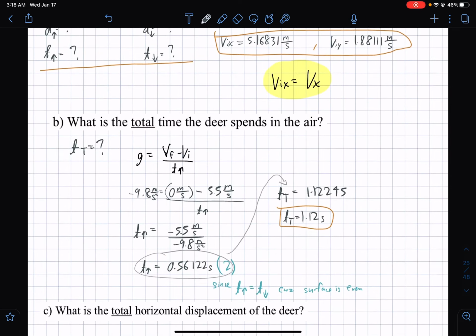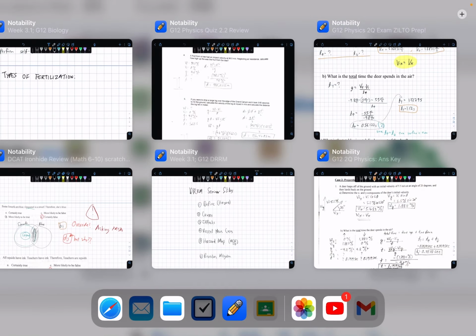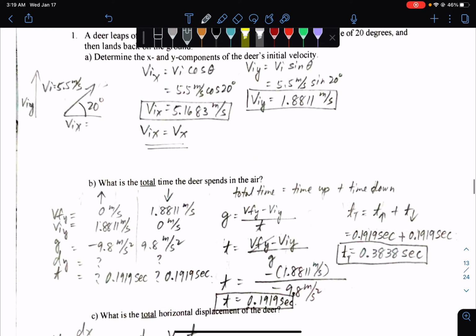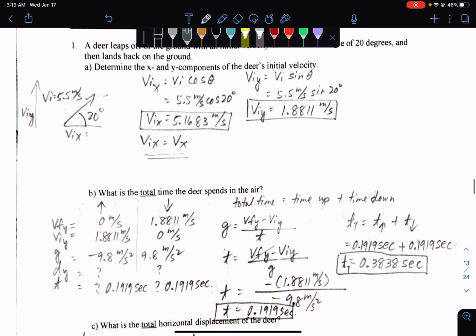Okay, so far so good. Let's just see if I'm correct. Okay, something's wrong.